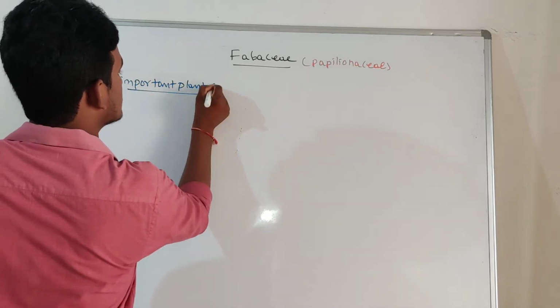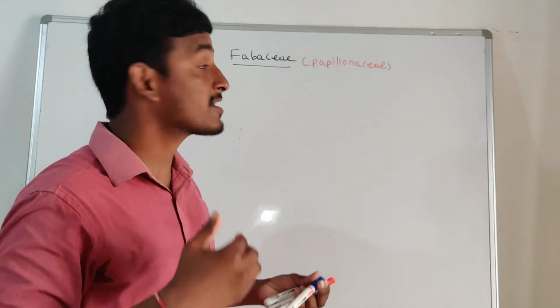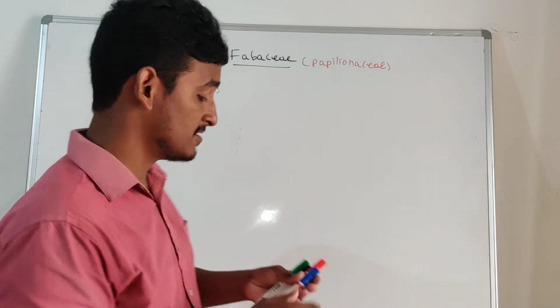Some important plants belonging to the Fabaceae family. What plants belong to the Fabaceae family? Arachis hypogaea, it is groundnut. It belongs to the Fabaceae family.